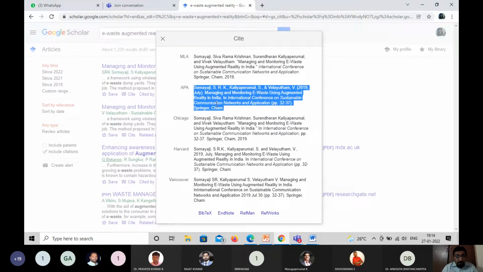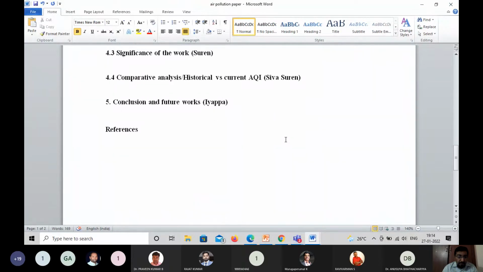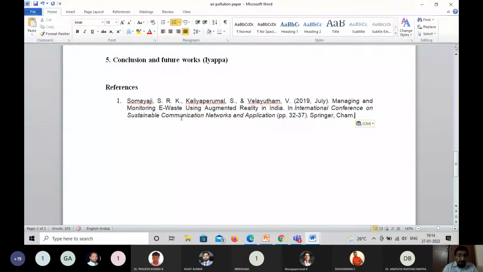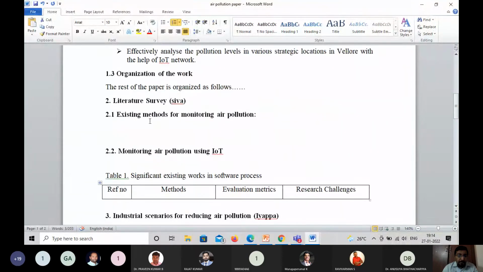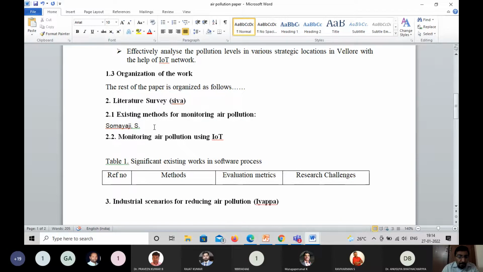So I try to copy this, put it in my references right here, and then copy the first author, and then et al. dot, which is the citation one, and here you need to create a hyperlink.